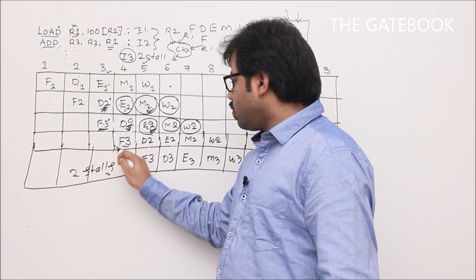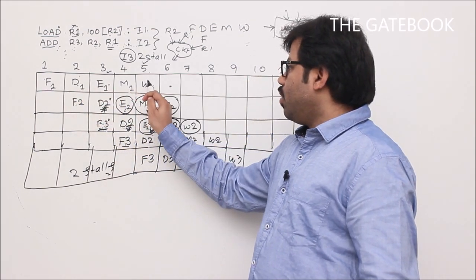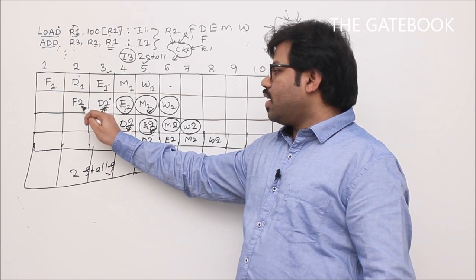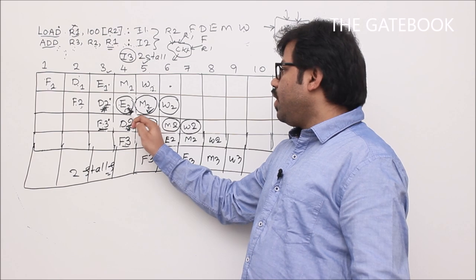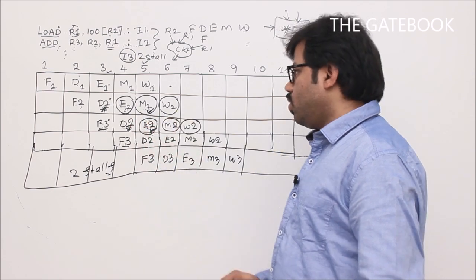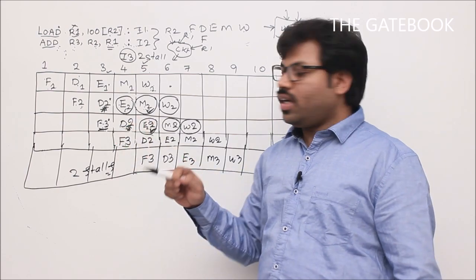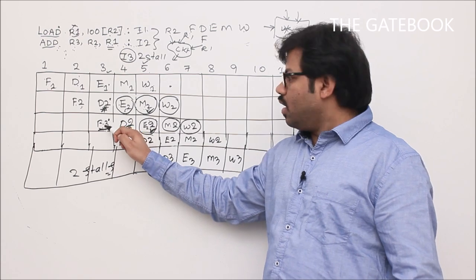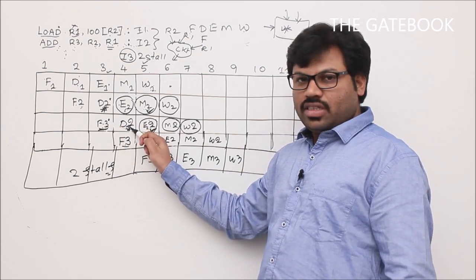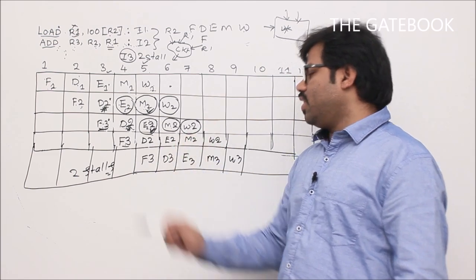Now focus. It is normal F1 D1 E1 M1 W1, but here because of the stall cycle, F2 D2, but dummy E2, dummy M2, dummy W2. Again we fetch the third instruction, because by that time I don't know that we are going to have this kind of problem. That's why we fetched normally, but we decoded the old instruction and we dummy-executed E2, M2, W2 in this row.